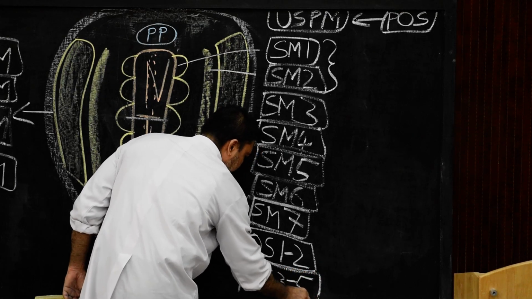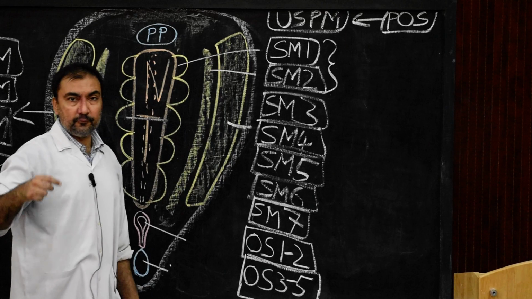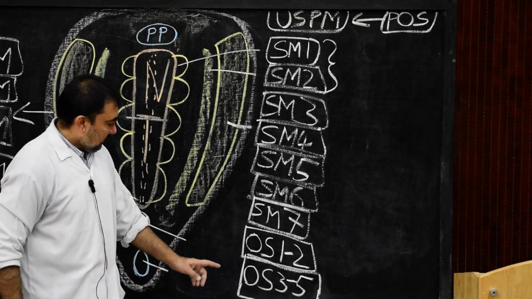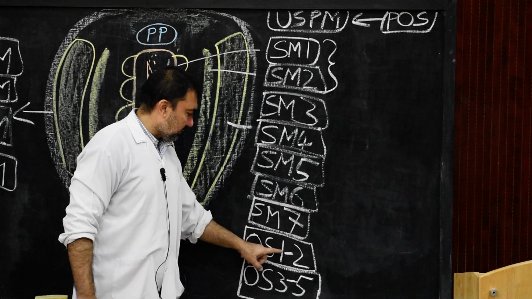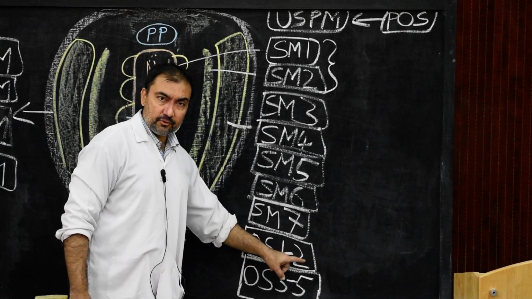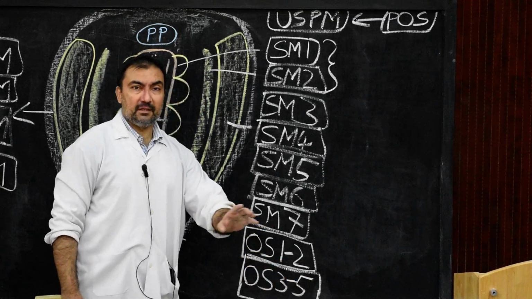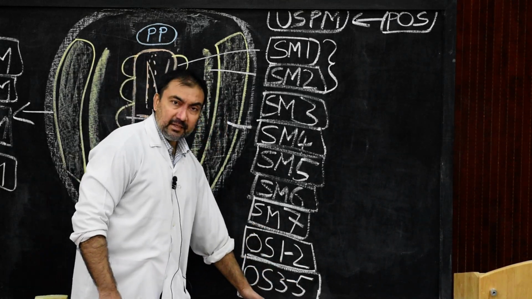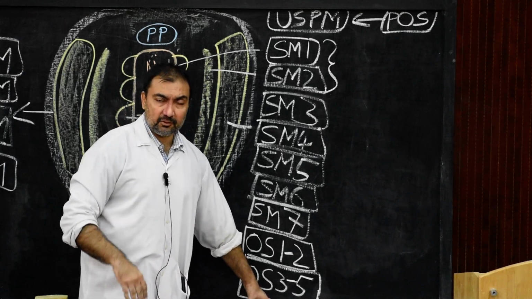Because total occipital somites are around 4 or 5. Here, total 5 we have considered. So here we have written occipital somites 1 and 2, and occipital somites 3, 4, 5. And below the occipital somites will be cervical, thoracic, lumbar, and sacral somites.